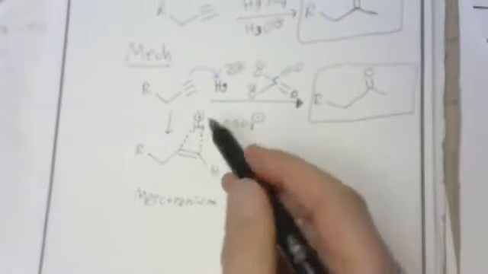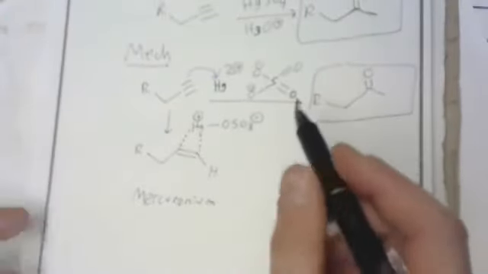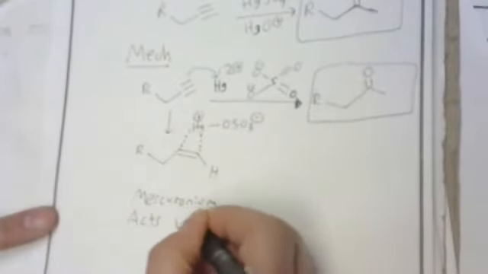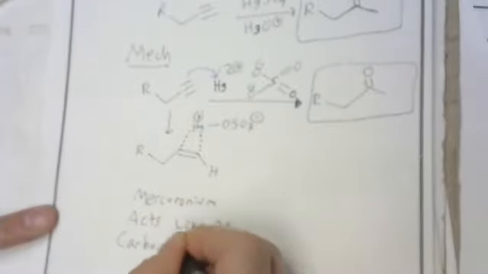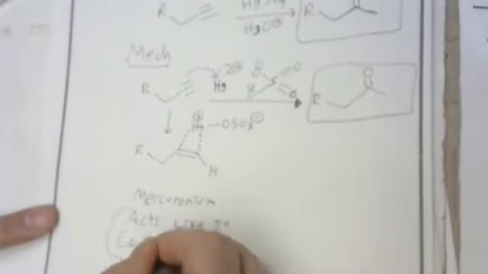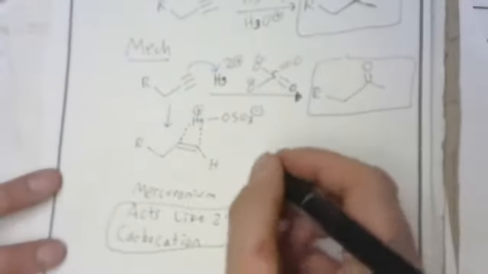The mercuronium looks a little different, okay? The big thing though is it acts like a secondary carbocation, because it did the same exact thing for alkenes. And that's why it'll be Markovnikov.